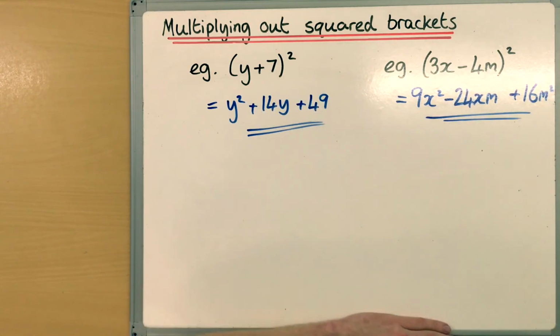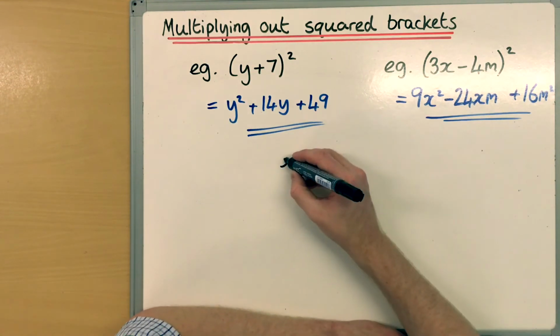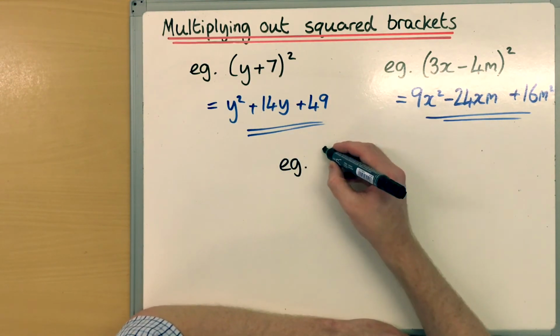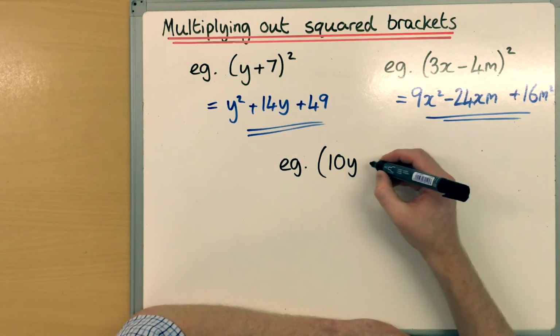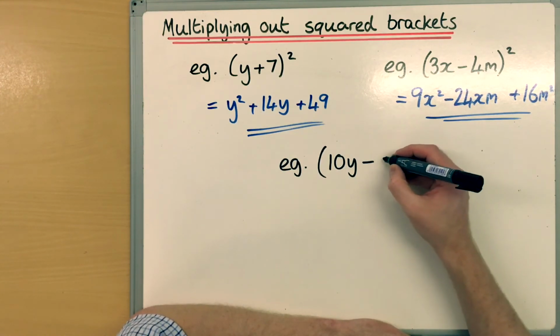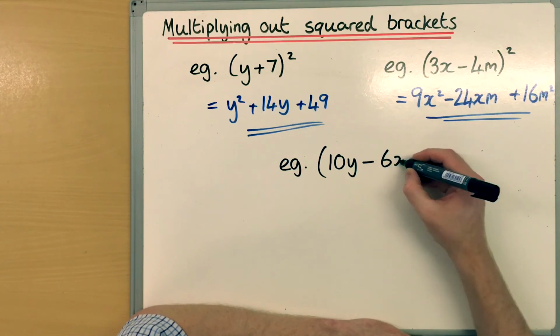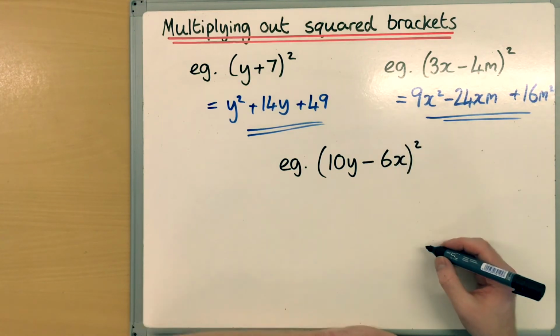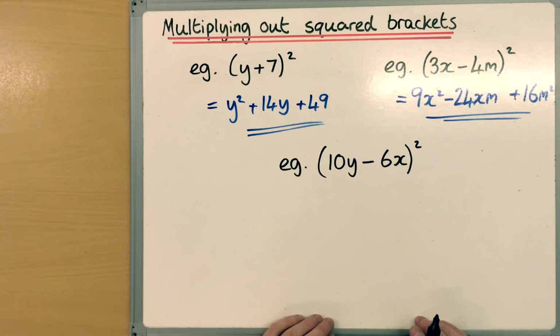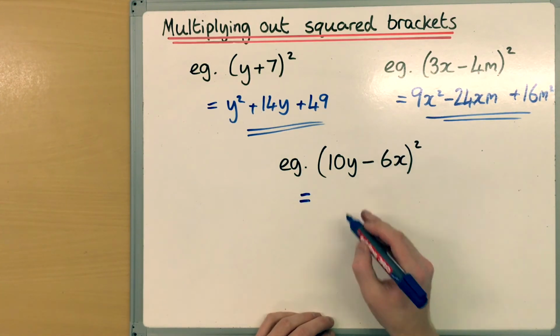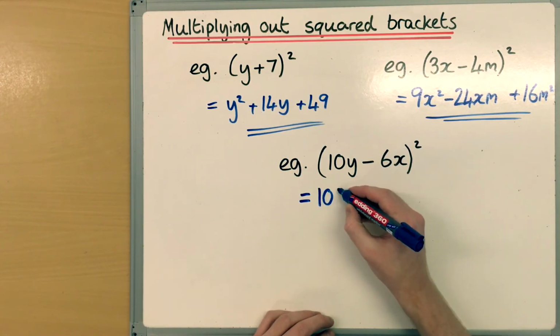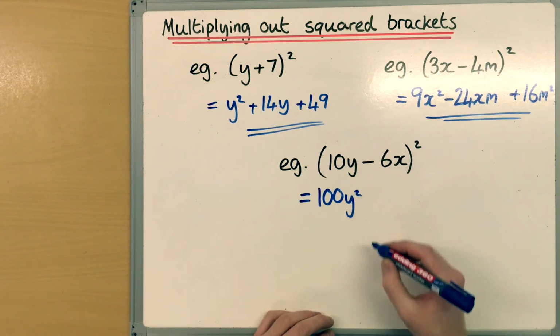So let's try one more example. (10y minus 6x) all squared. Give yourself a moment to see if you got the answer. So what we should have is 10y times 10y is 100y squared.